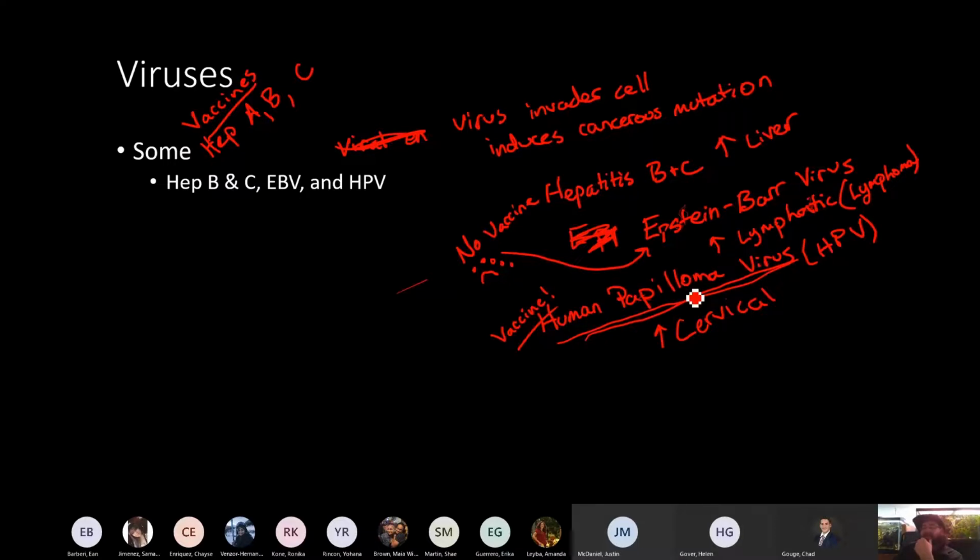So, HPV is extremely common in human populations, no matter where you are in the world. The reason it's extremely common is that HPV is generally asymptomatic.